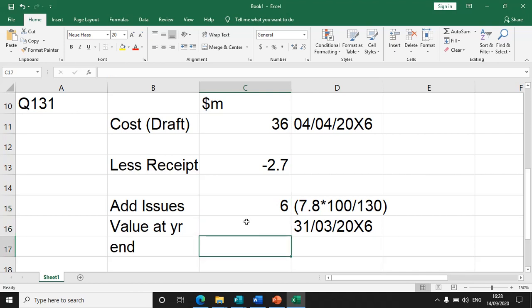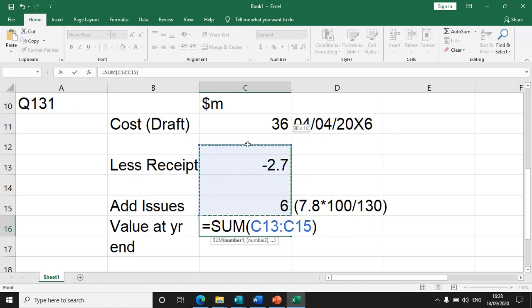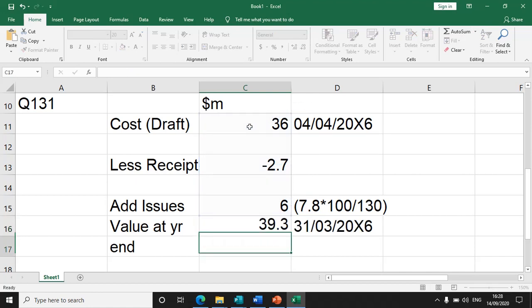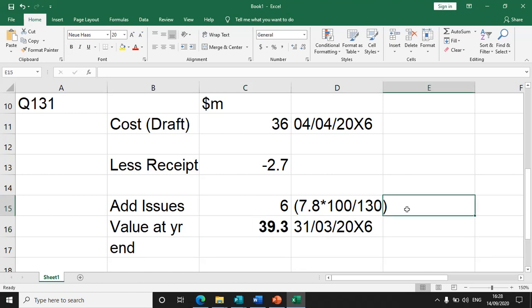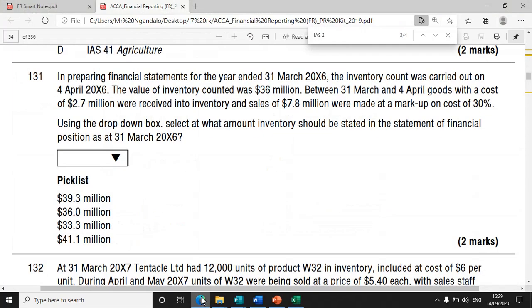When we add all these amounts now, we discover the amount that we're supposed to have there. I'm getting 39.3 million. Hope that you can see that. Right, so that's the answer there. In your drop down, please pick the first option.